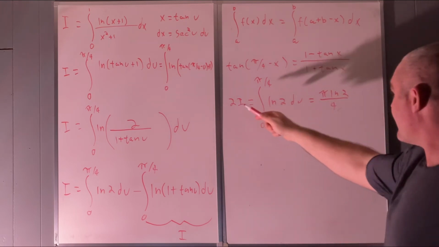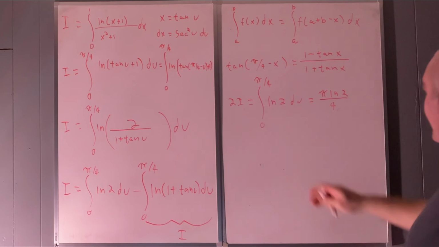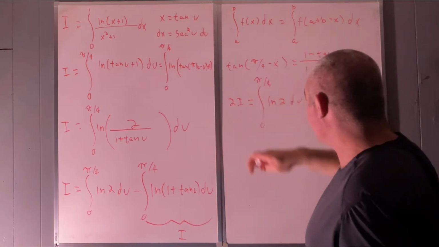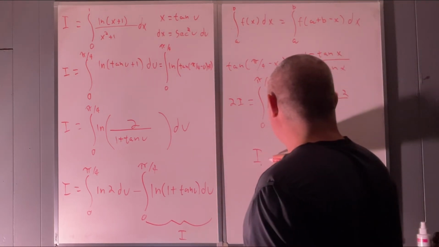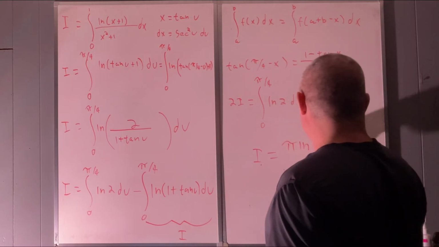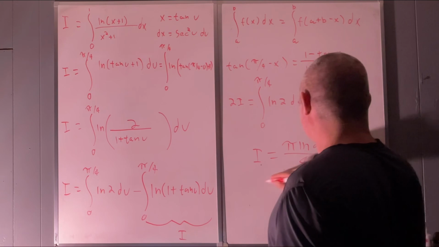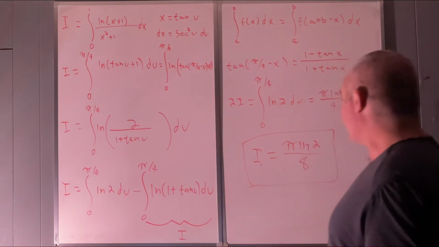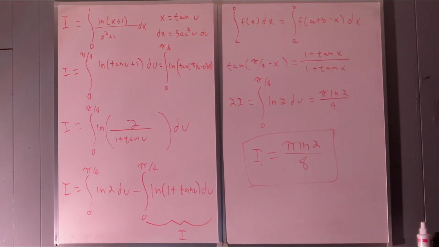So now we have 2I is equal to that. So I is simply equal to pi natural log 2 over 8. And that's what we got last time. And there is how you solve that using King's property.